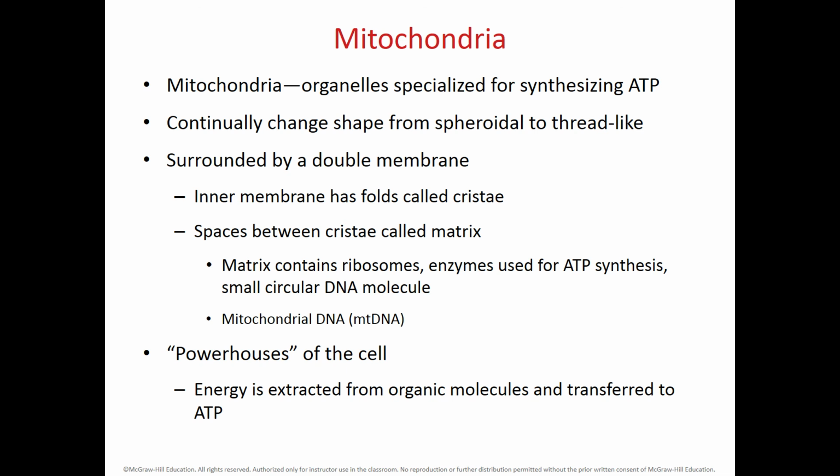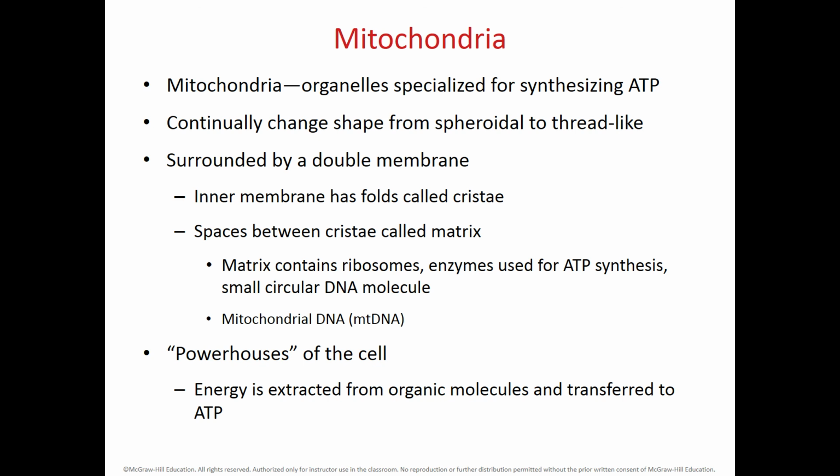The inner membrane folds inside, forming structures called cristae. The space between the cristae is known as the matrix, and in the matrix is where we have ribosomes and enzymes that are used for the synthesis of ATP.